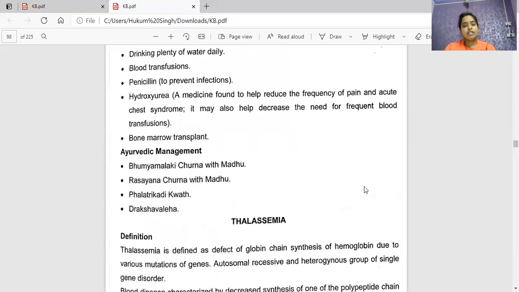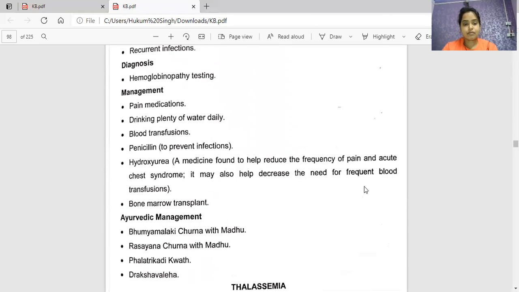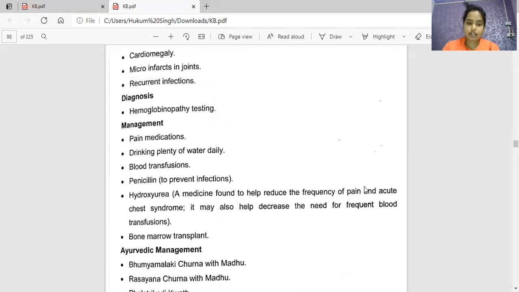Now, Ayurvedic management is Bhumi Amalaki Churna with Madhu, Rasayan Churna with Madhu, and Phala Trikadi Kwath and Draksha Avleha. It is very important for making hemoglobin. So Ayurvedic management is necessary along with modern treatment.